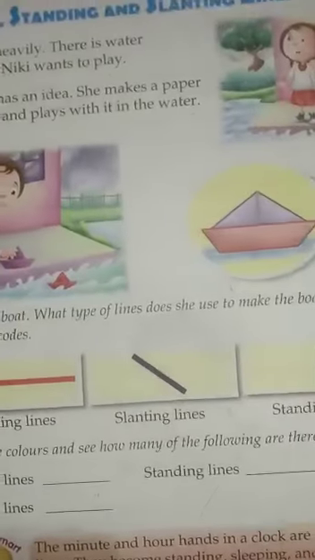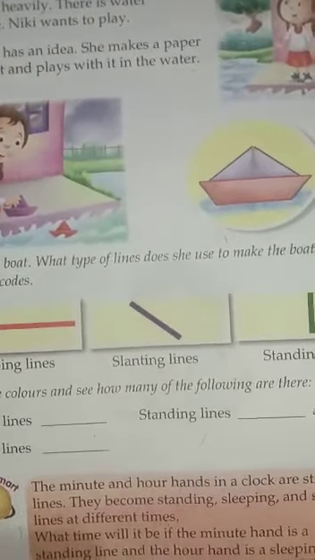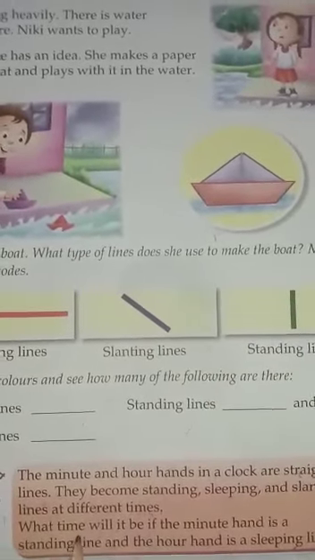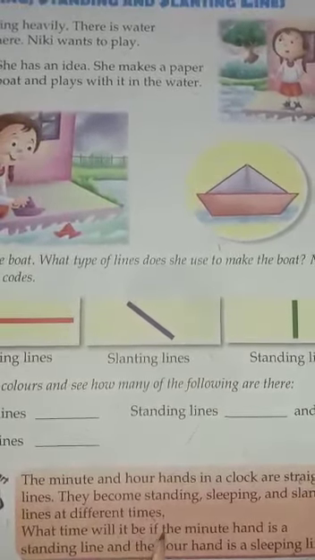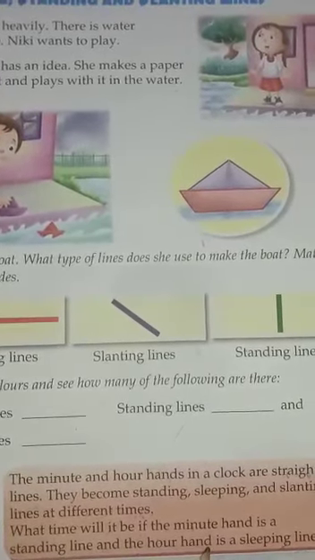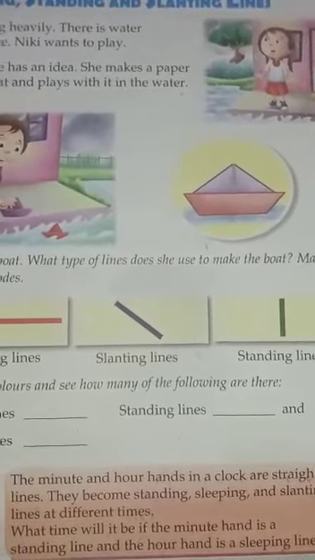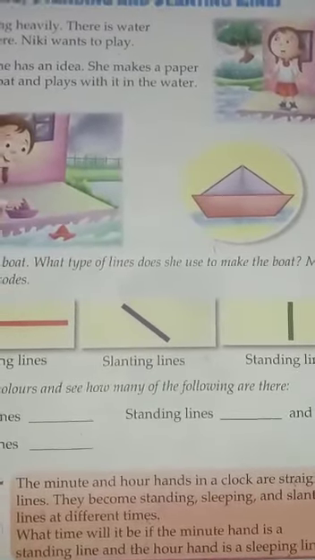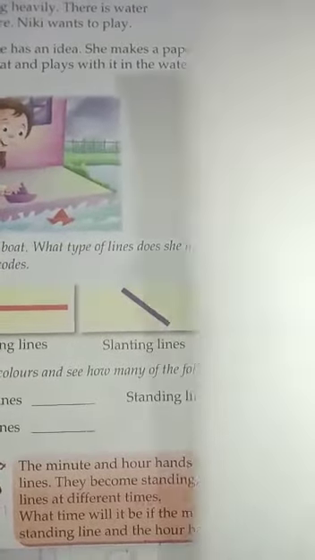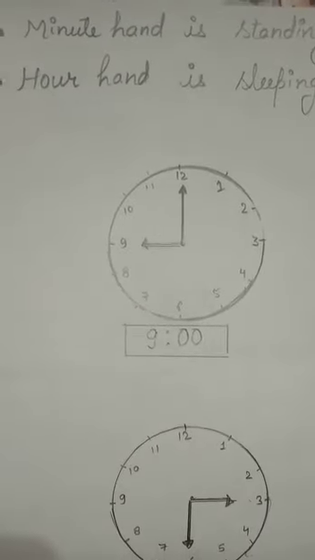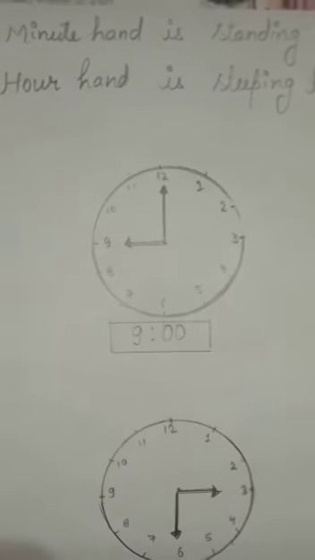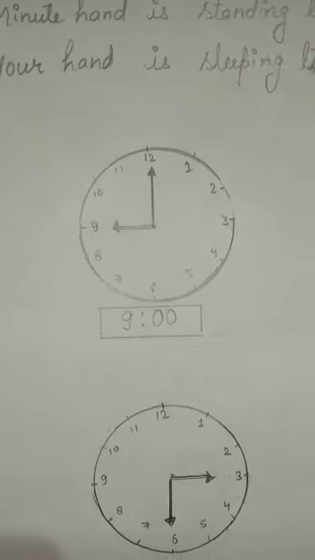Hope you understood. Now come to the question. The question says, what time will it be if the minute hand is a standing line and the hour hand is a sleeping line? So I have two examples for this question. First of all, the minute hand is a standing line and the hour hand is a sleeping line.